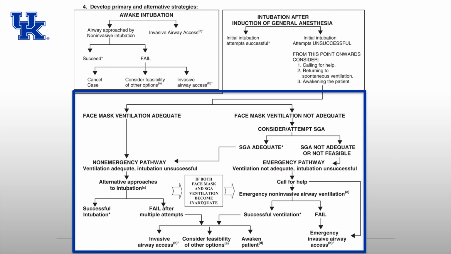We need to have a plan for what we're going to do if we get to this stage. We don't always have time to wait for our ENT colleagues. Ideally, they could be present and help us with this, but if you run into an unanticipated difficult airway and you're unable to mask this patient, we need to have the tools and skills to establish an invasive airway access.